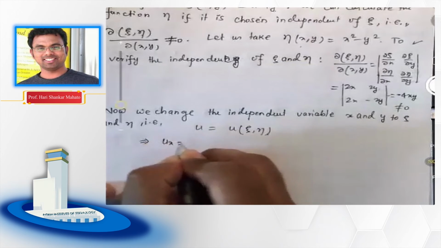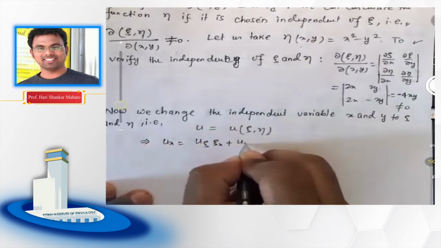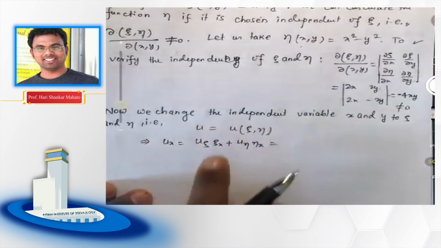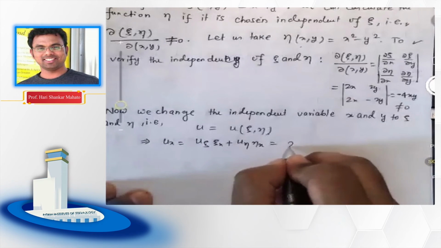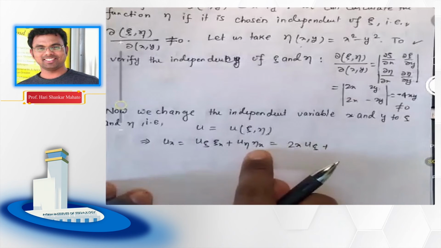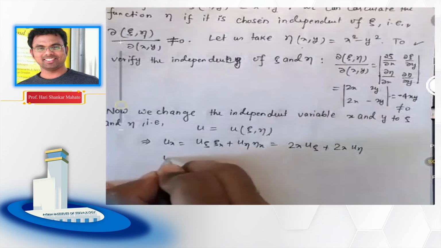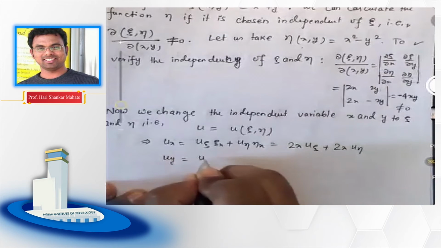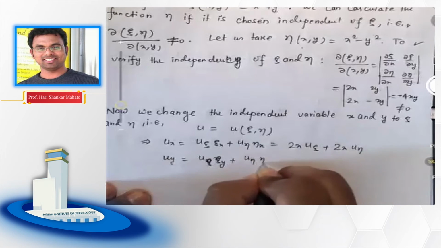So ux equals u xi xi x plus u eta eta x. What is xi x? Xi x is 2x. So 2x u xi plus u eta eta x. What is eta x? That is 2x. And similarly, we can calculate uy, which is u xi xi y plus u eta eta y.